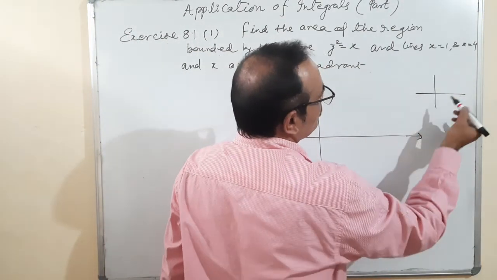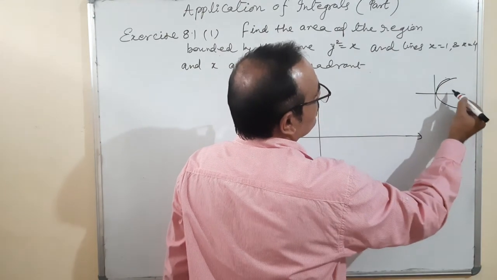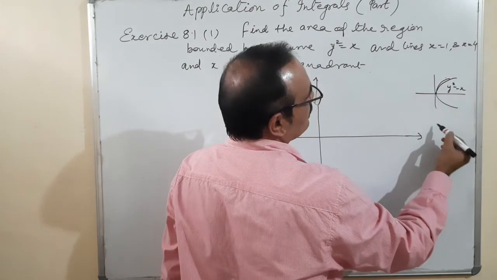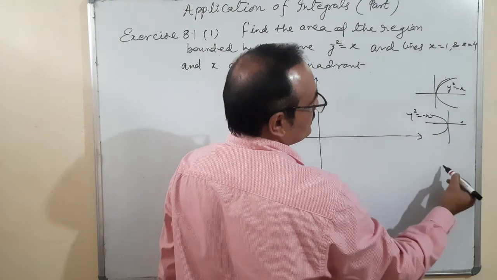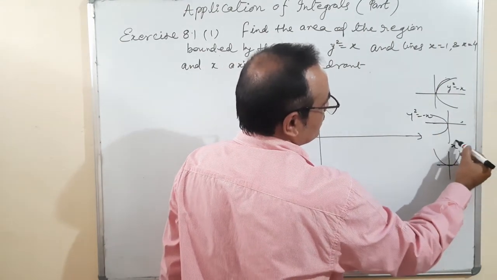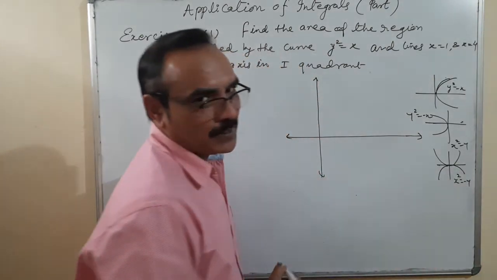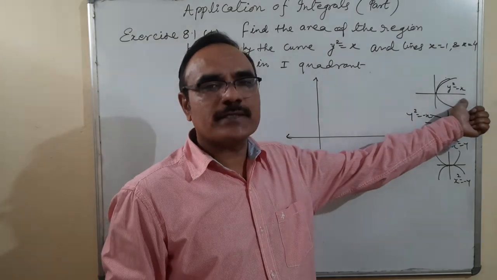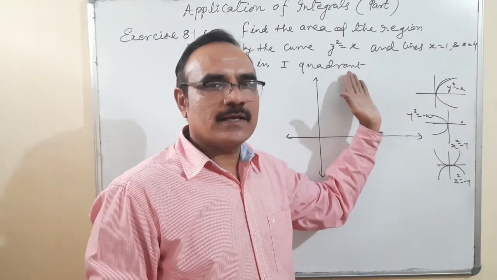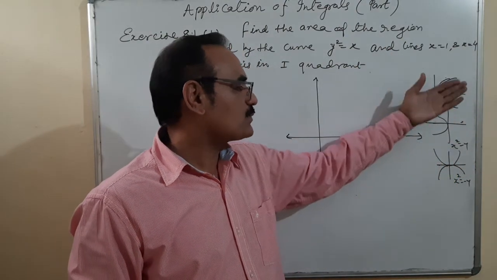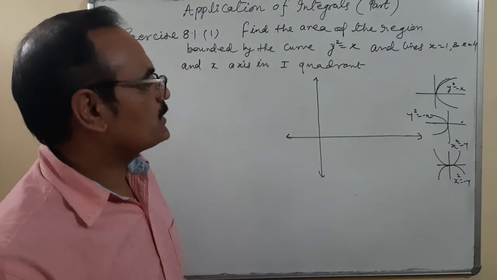Diagrammatically you will remember: this is y square is equal to x, this is y square is equal to minus x, this is x square is equal to y, and x square is equal to minus y. You will remember these. On the right side, y square is equal to x, with the focus on the x-axis; y square is equal to minus x, left side; x square is equal to y, upside; x square is equal to minus y, downside.